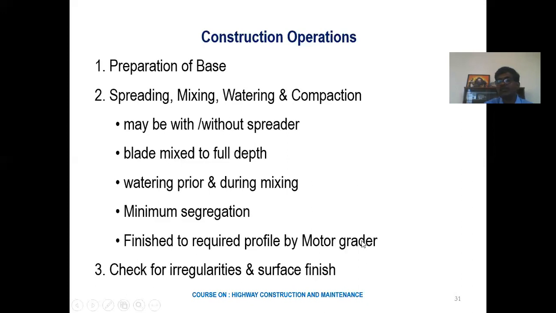So what is the first step? Bring the mix directly from the crusher to the job site, spread using a grader to the required loose thickness, then sprinkle water over the spread layer, then mix using the blades, generally the motor grader blades, and then again level it using the grader to the required profile, then compact it using vibratory rollers or other appropriate rollers.